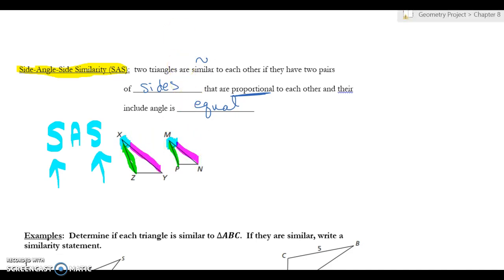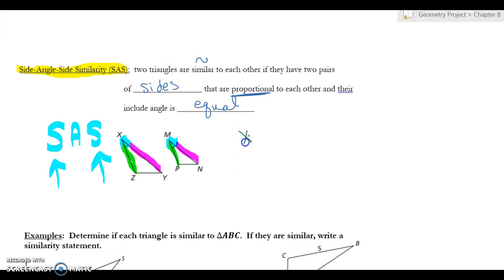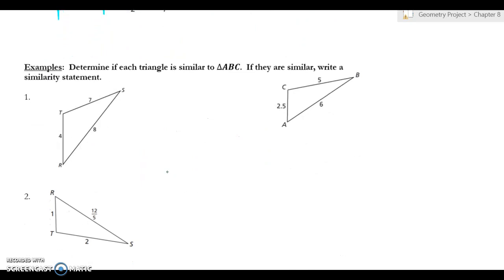So the sides that have to be proportional are XZ over MP, and then XY over MN. So if I have an included angle and two sets of proportional sides, they're also similar. So there's side, side, side when all three are proportional, and then side, angle, side where there's two proportional sides and then you squish an angle.